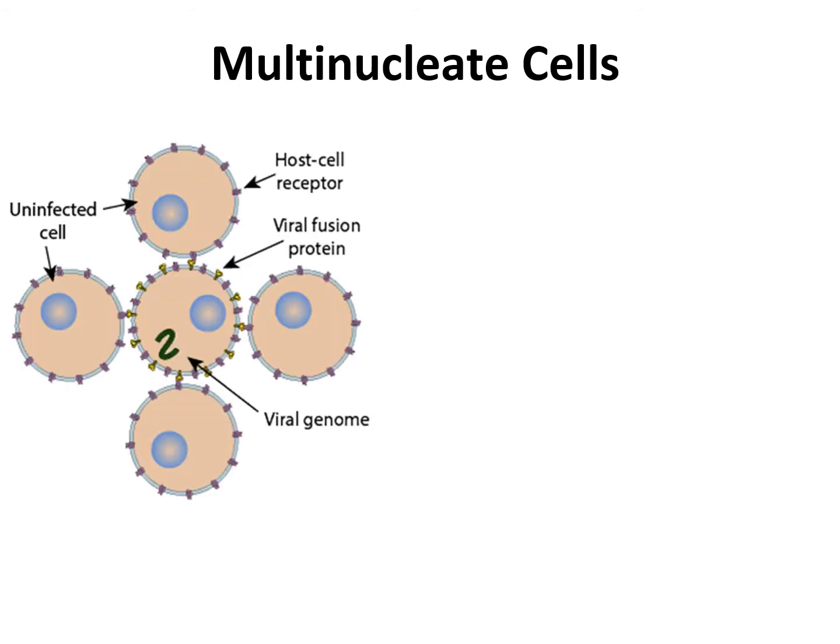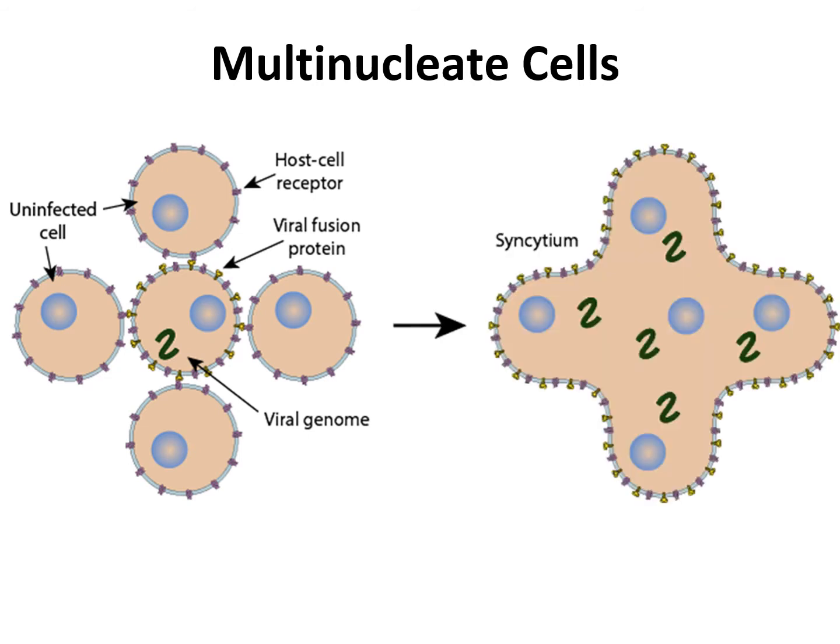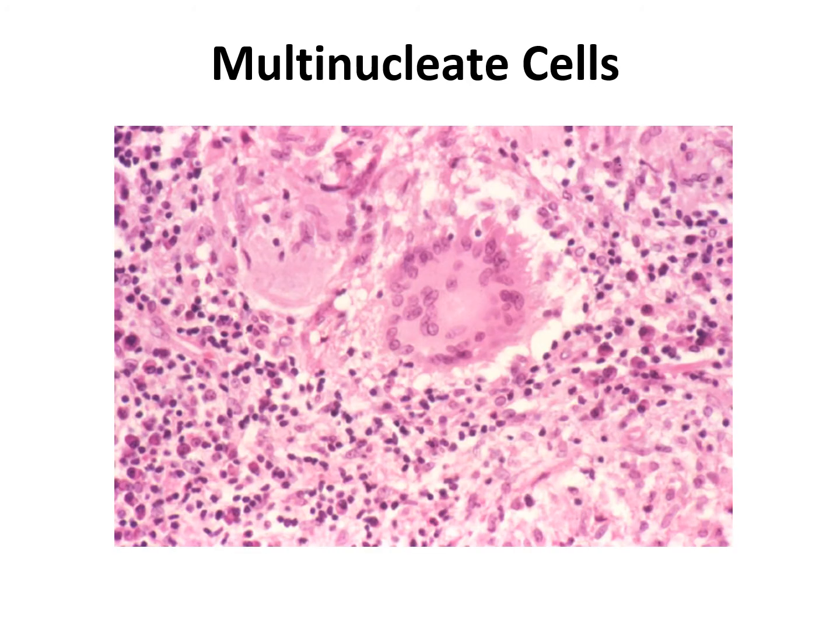Multinucleate cells are where several cells infected by a virus fuse together to form a multinucleated cell, a cell with multiple nuclei, sometimes called giant cells. This is an example of a giant cell that I showed you before, where a lot of cells are fused together.